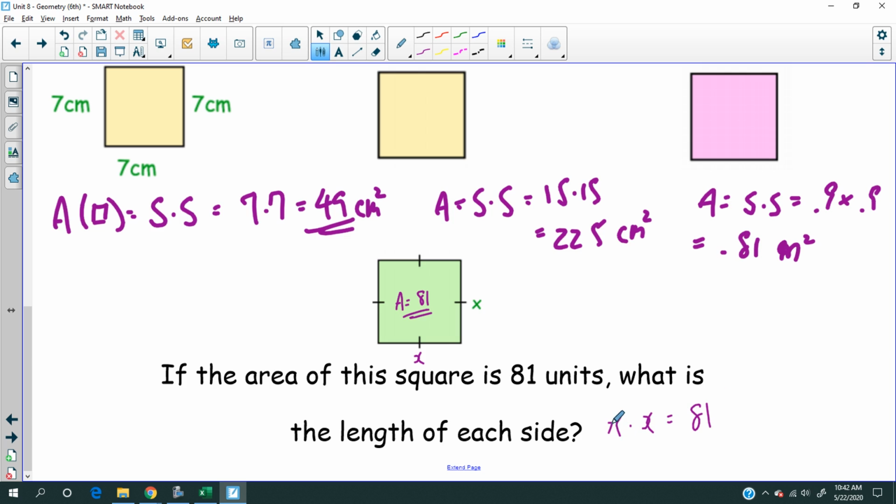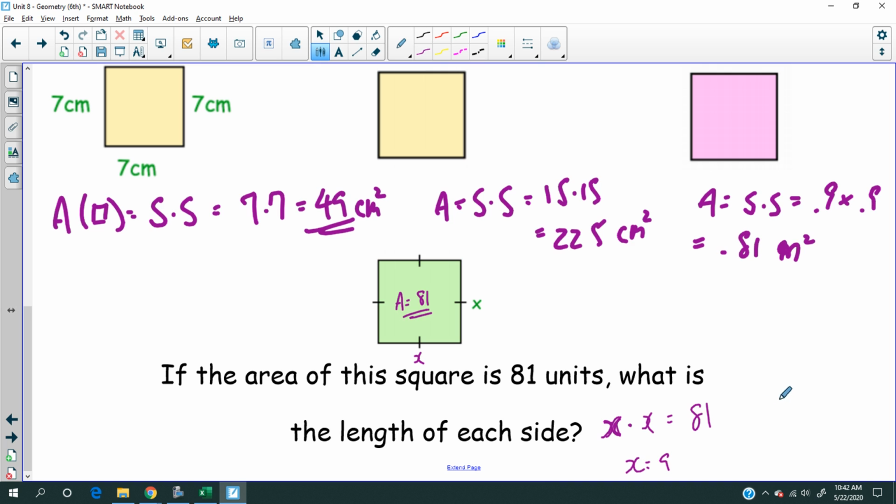All right, sounds familiar? We talked about this briefly, I think in March or February, right? What number times itself will give you 81? So in other words, what's 4 times 4, what's 5 times 5, right? What number times itself? Yeah, 9, right? Why? Because 9 times 9 is 81.